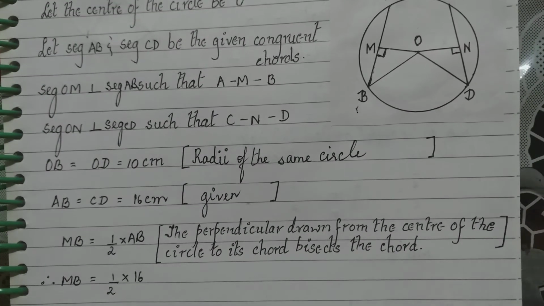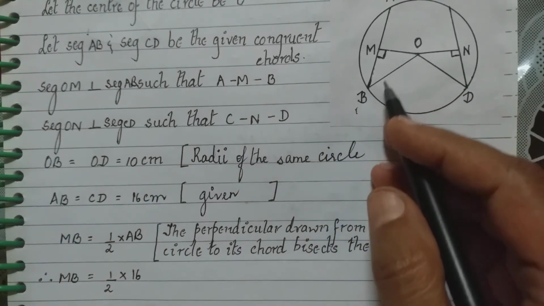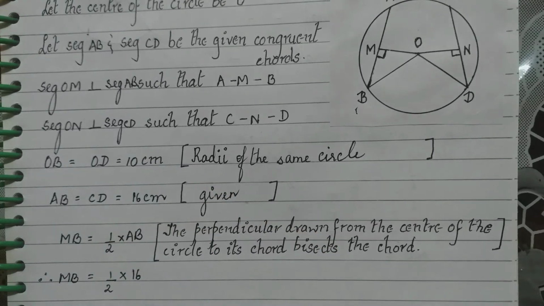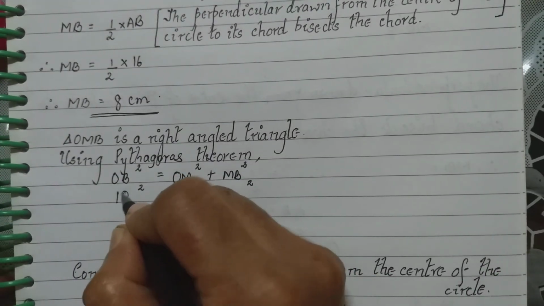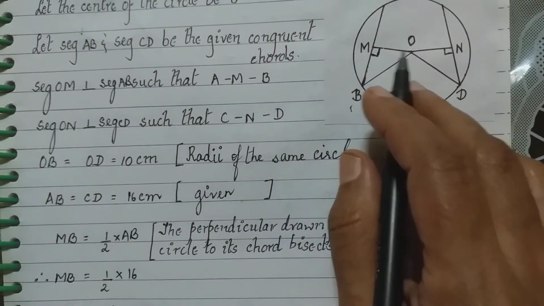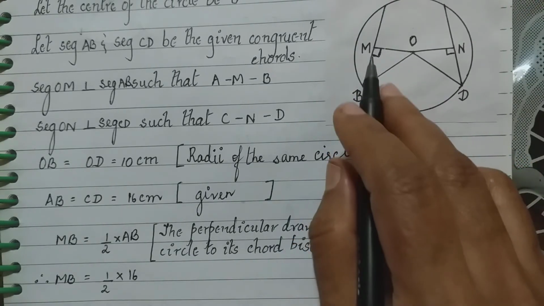Now what is OB? OB is the radius of the circle, and radius of the circle we said is 10 centimeter. So in place of OB I can write 10. Then I have OM square, which we don't know and we have to find out. Also we have MB square.